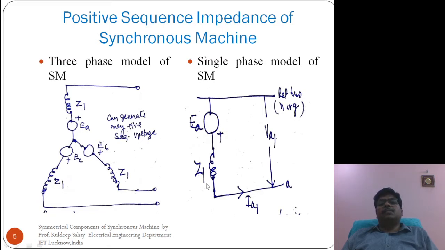Behind the voltage there will be a positive sequence impedance, the positive sequence current flows, and at the terminal you will find the positive sequence voltage VA1. This is the reference voltage or neutral, and with respect to it the terminal has a potential VA1. So in the positive sequence, you will find the induced voltage as well as the positive sequence impedance and the flow of positive sequence current, and right at the terminal there will be the positive sequence voltage.